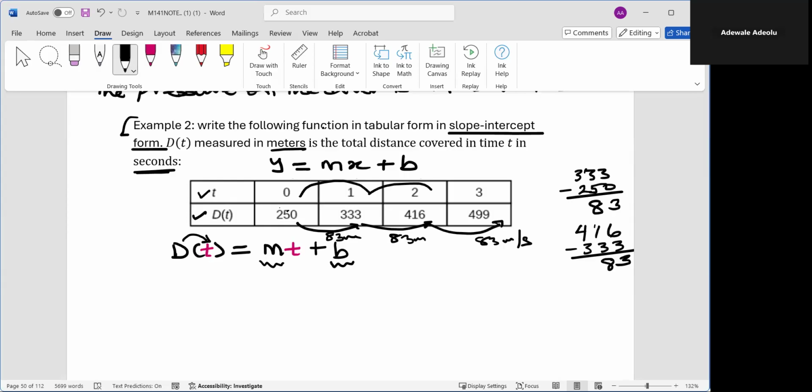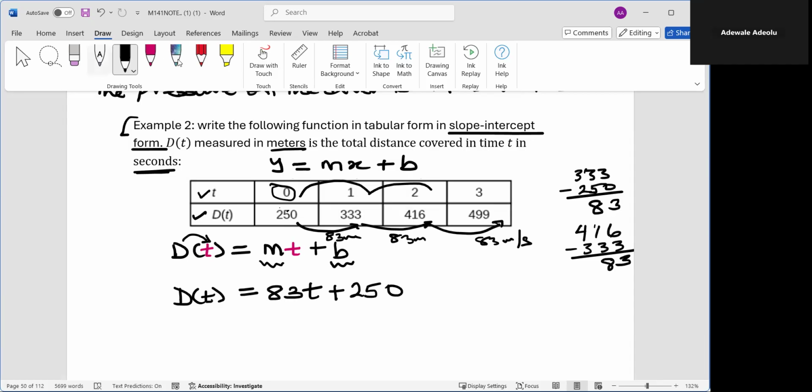Okay, so now we can say d of t is 83t plus our b. Remember, b is the y-intercept, in this case the d-intercept. That is when the time is 0. So when the time is 0, d is 250. So we just add it here.